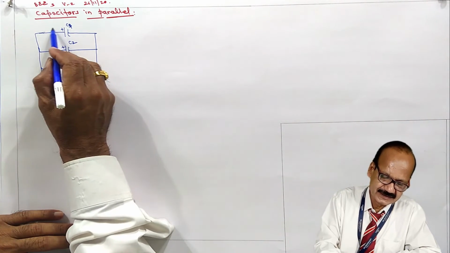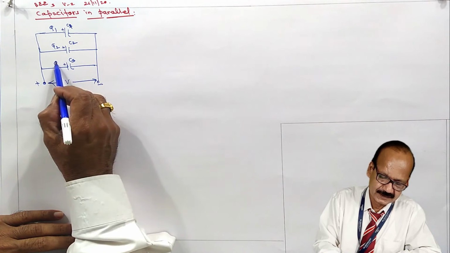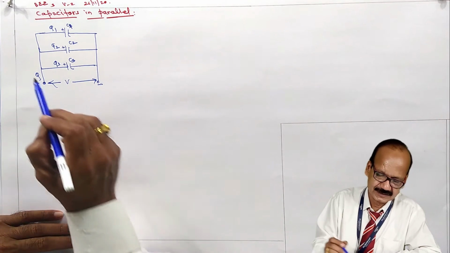And charge on each capacitor is different. This is Q1, Q2, Q3, and this is the total charge Q.